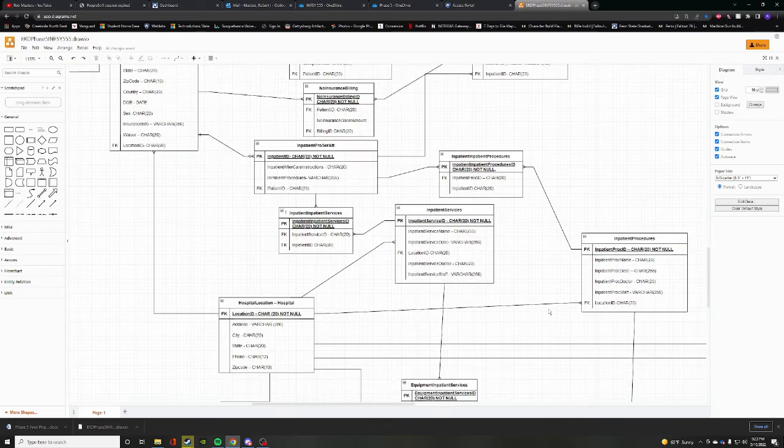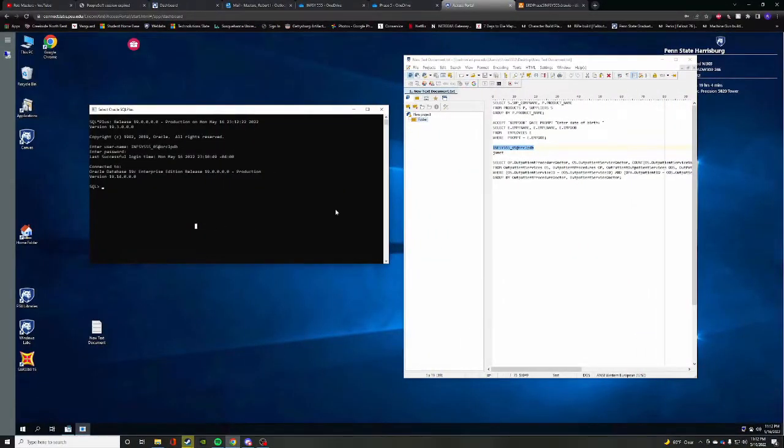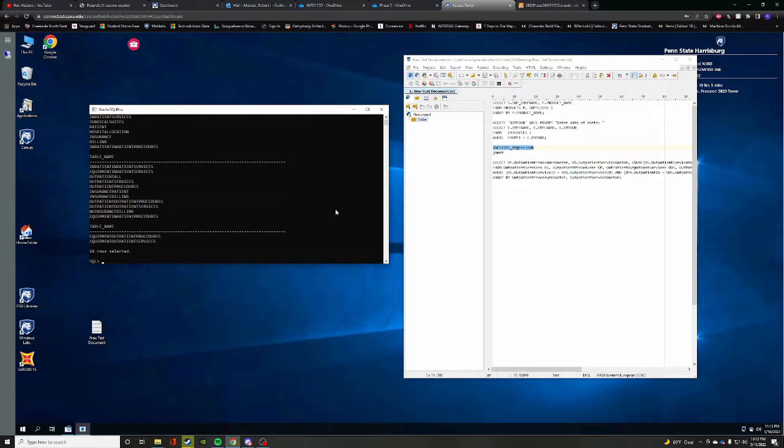All right, so now moving on to the actual database, we'll take a look at a few different things. First, we'll just pull all the tables. As you can see, like the ERD diagram, we have 24 rows. We can describe really any of these and go from there. We'll describe patient.